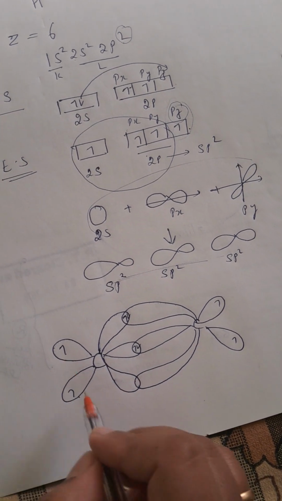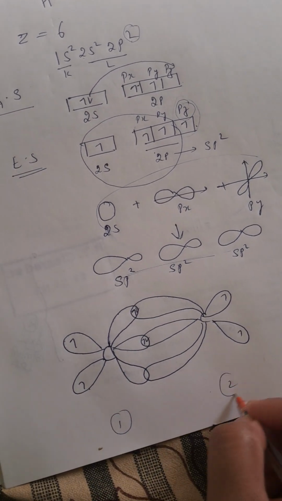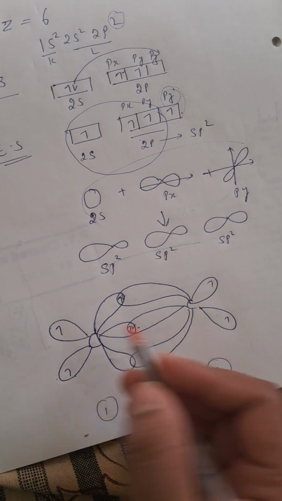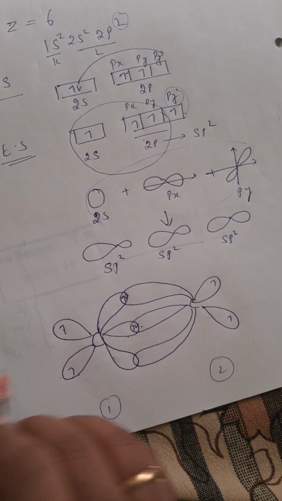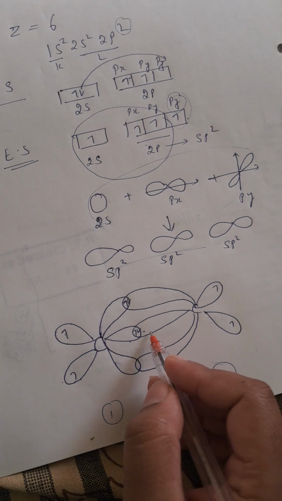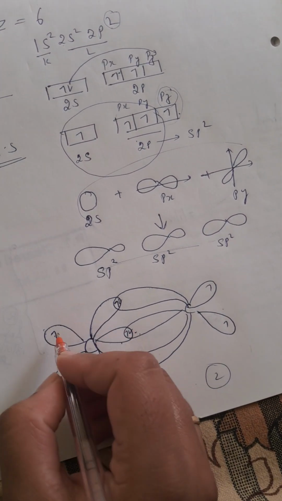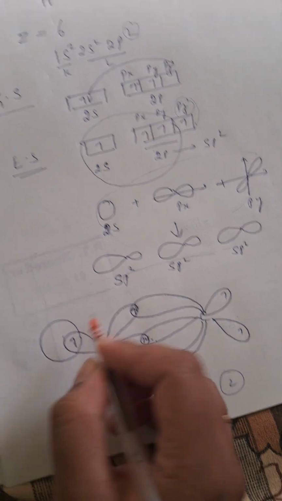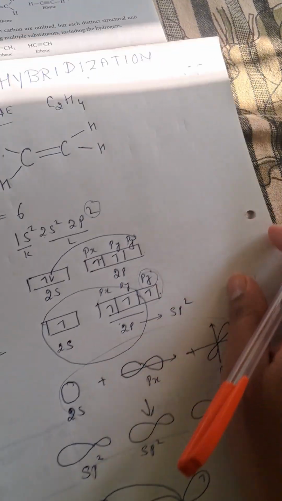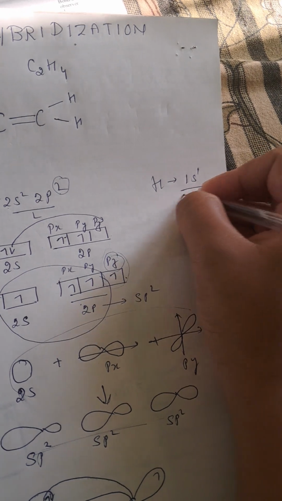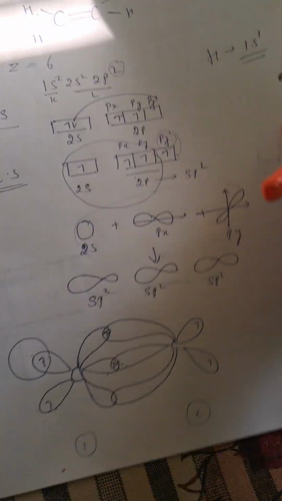Now, this is the first carbon atom and this is the second carbon atom, and each carbon atom should have 4 more electrons. It's already having 1, 2, 3, so it requires 1 more electron. That 1 electron is got from the other carbon atom, and these 2 carbons should also be satisfied by these hydrogens. As we already know, hydrogen's configuration is 1s1, so it is having only a 1s orbital.